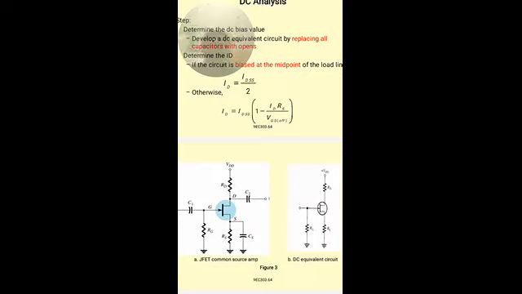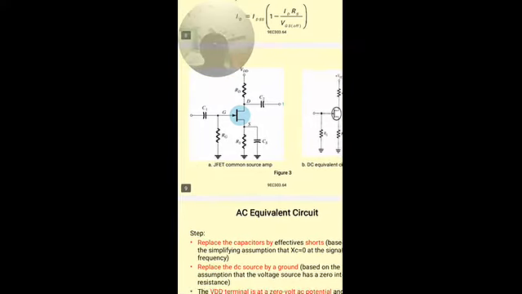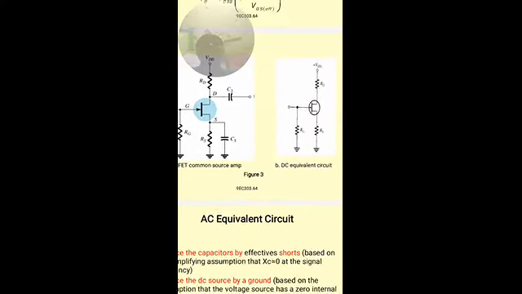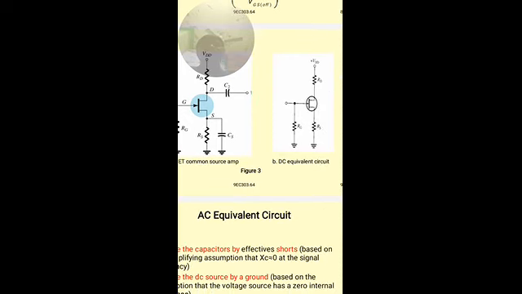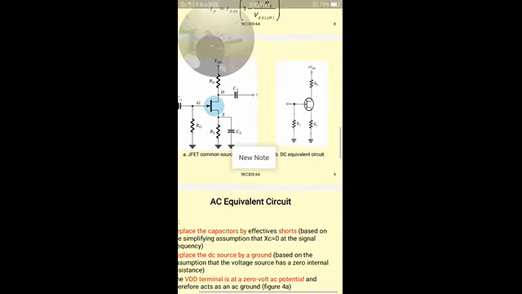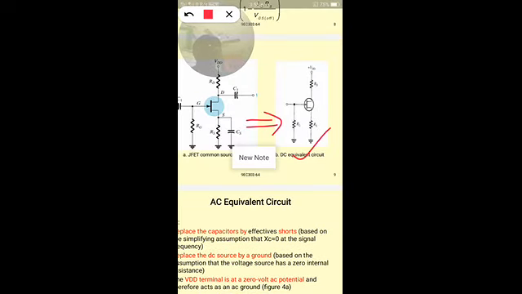ID is equal to IDSS into (1 minus VGS by VGS(off)) whole squared. So this is the DC equivalent circuit after all the capacitors are replaced with open circuits.